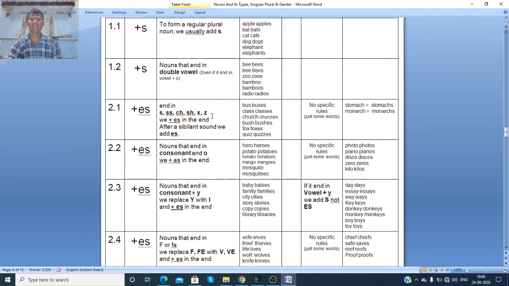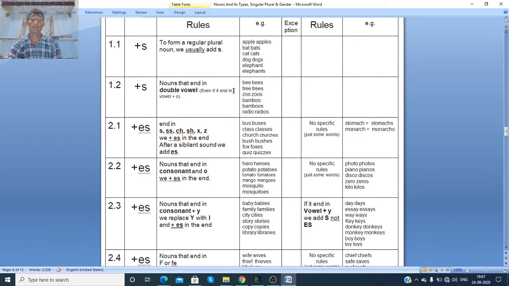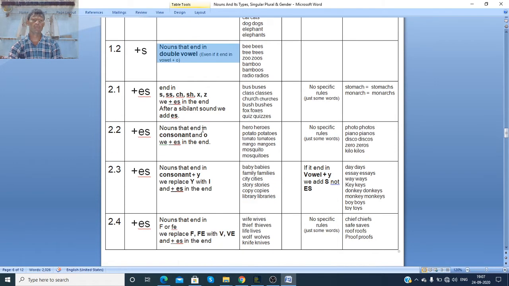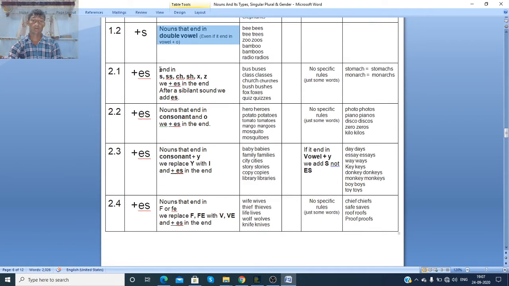And these two rules are for s, and these four rules are for es.